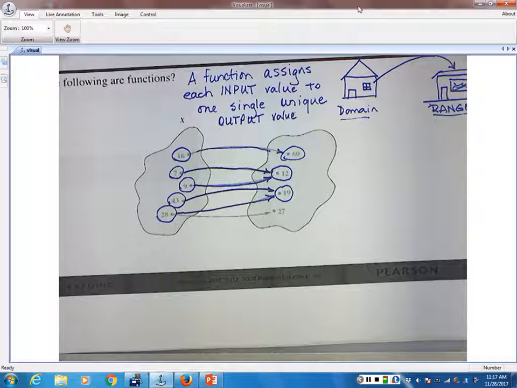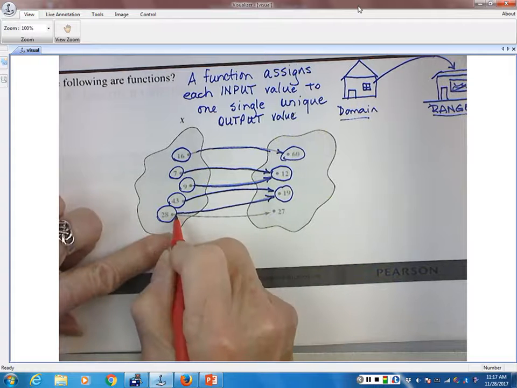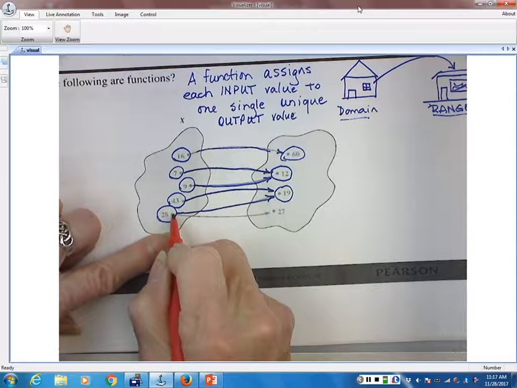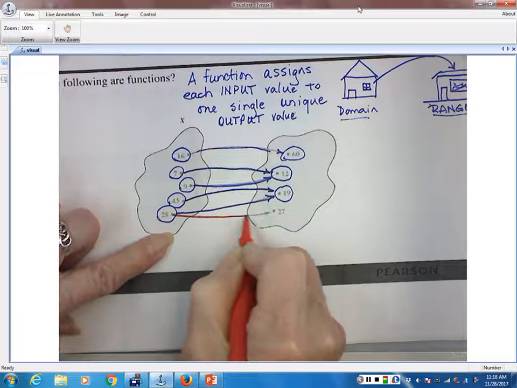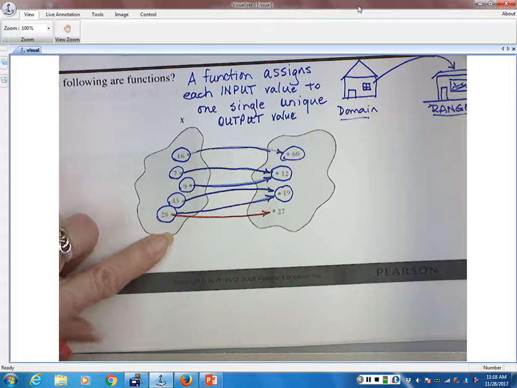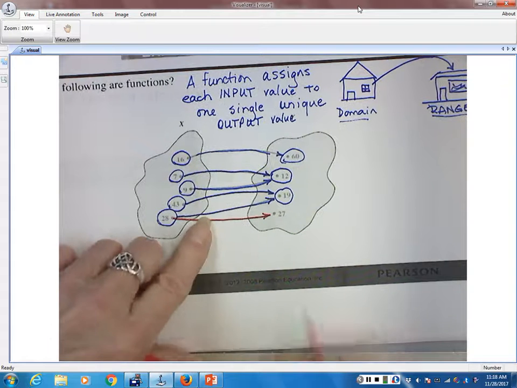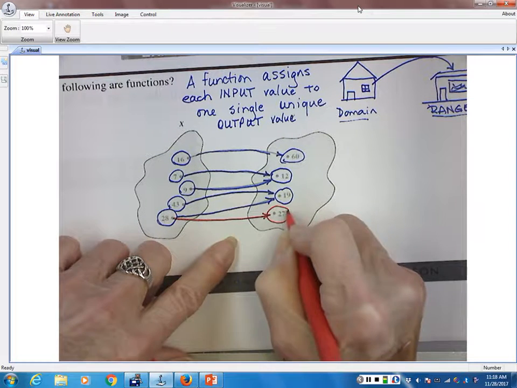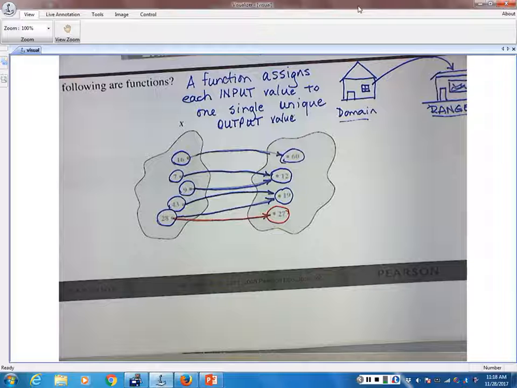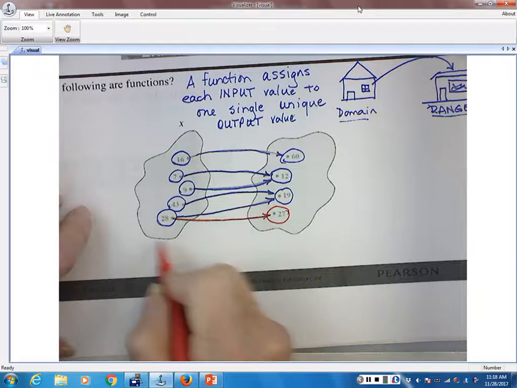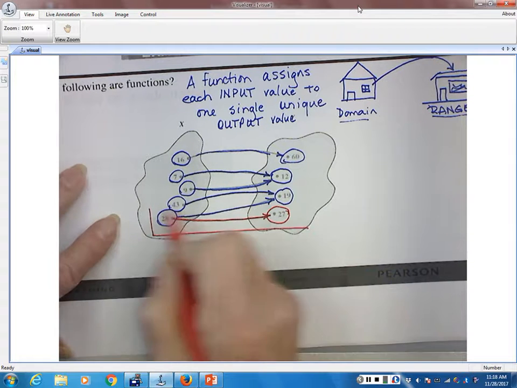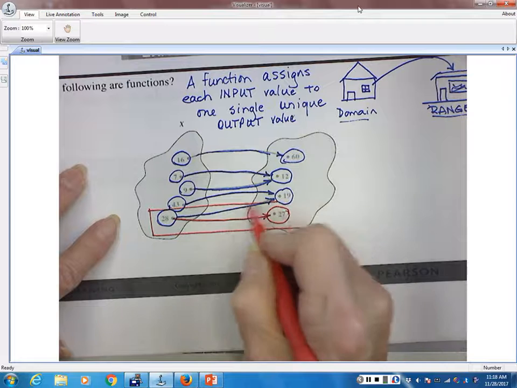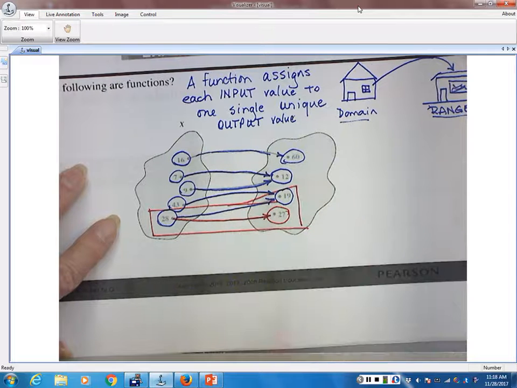But 28 thinks it's special, because 28 not only traveled to 19, it has another job that it does, which is not part of this function picture, and that other thing that it does causes it to travel to 27. This shows you that this is not a function.